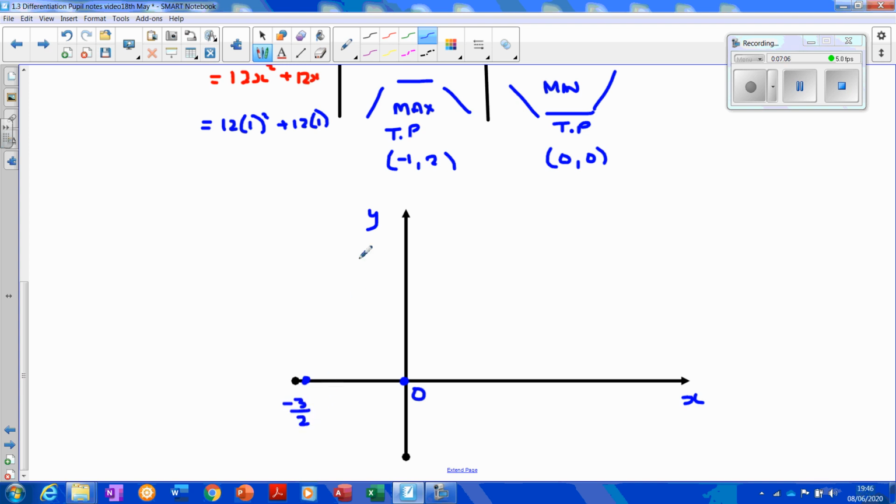Now I know that there's a wee maximum turning point sitting here at the point minus 1, 2, and a minimum turning point sitting at the origin. So all I have to do now is draw a nice smooth curve through them. It's coming up, turning at the maximum turning point, then coming down, and it's got a minimum turning point, and it's doing that.